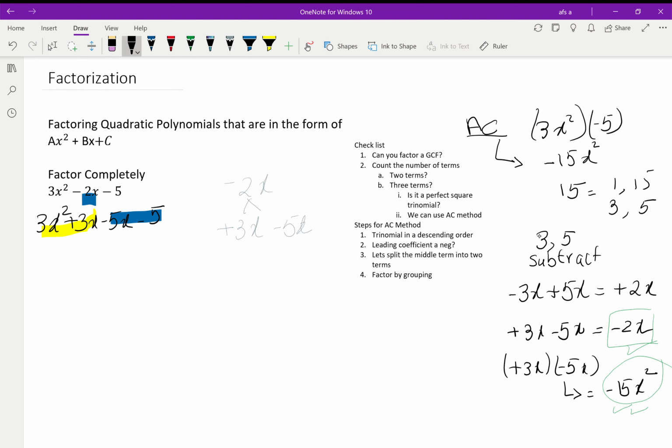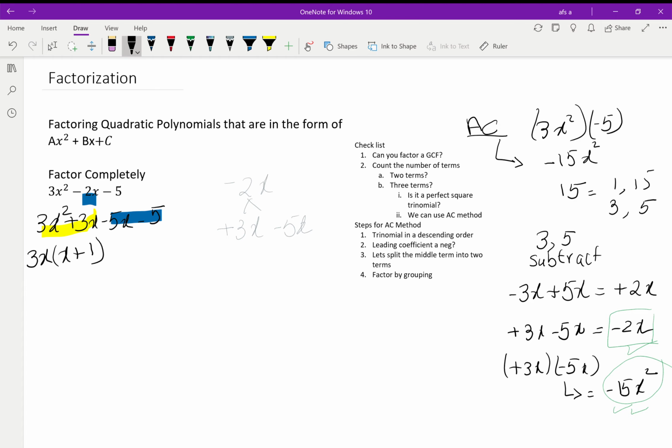And if you look, the GCF is a 3x. When I pull out the 3x, I'm left with simply an x from here and a 1 from here. Remember, when you factor an entire term, you're still left with a 1. You're not left with a 0 because factoring has to do with multiplication, division, rather than addition and subtraction.